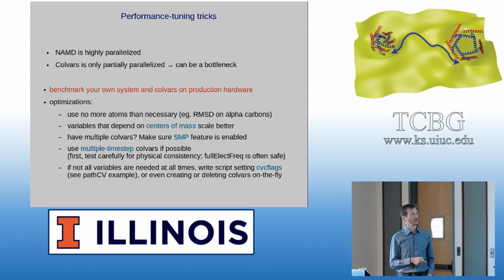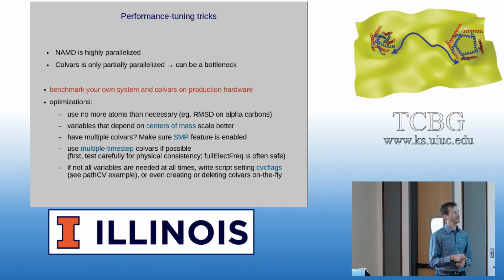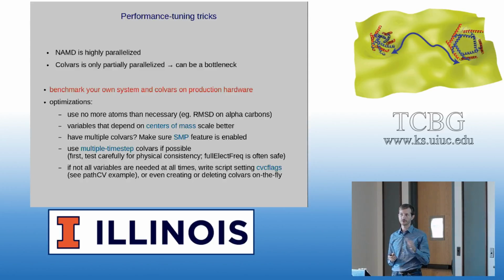But what Colvars does is, if you run on multiple compute nodes, Colvars only runs on one node. So it doesn't use the inter-node communication. But within one node, you probably have many cores. And what this SMP feature does is it will distribute the work of computing different Colvars and different components and different biases onto whatever cores are available on node 0.